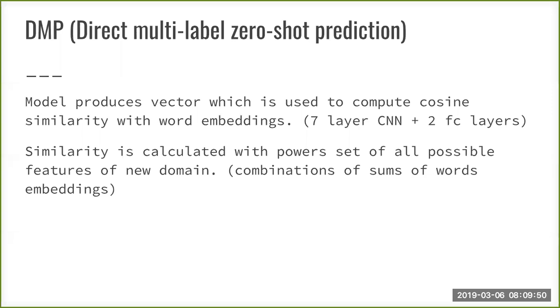They just add them up, and then you would use this pre-trained network to do the cosine similarity with those things, and the highest result, that's the one that they predict. Kind of easy and simple.